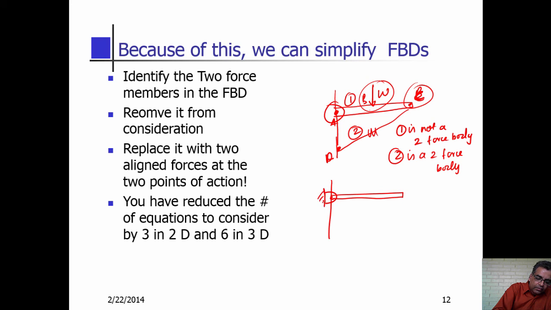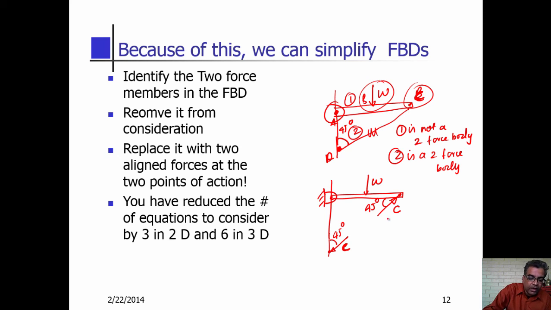Pin joint here, weight here, and then at point C, I'm going to draw C, and then at point D, I'm going to draw C. And this angle is 45 degrees, because that was the angle of the bar. That's the line joining D and C.